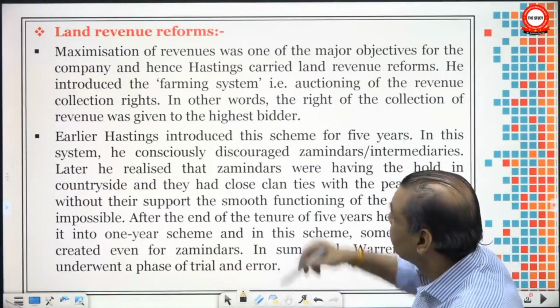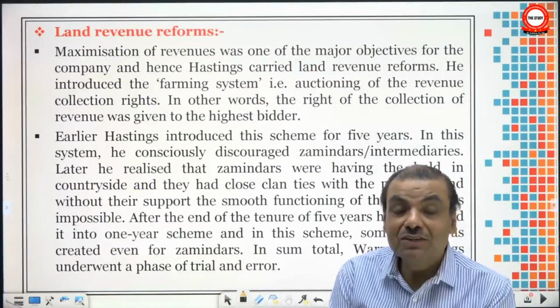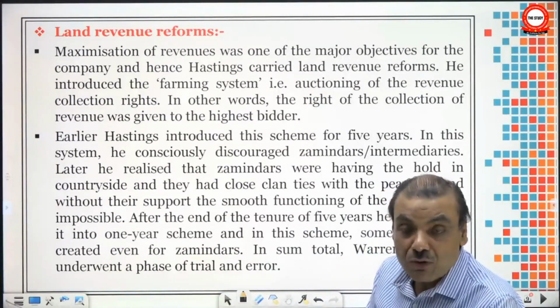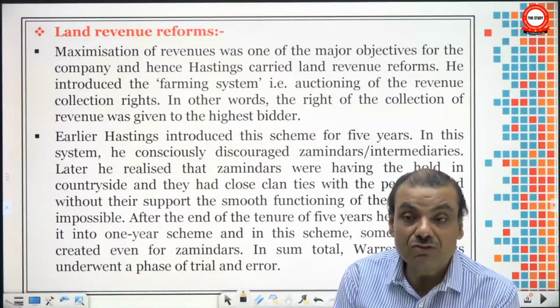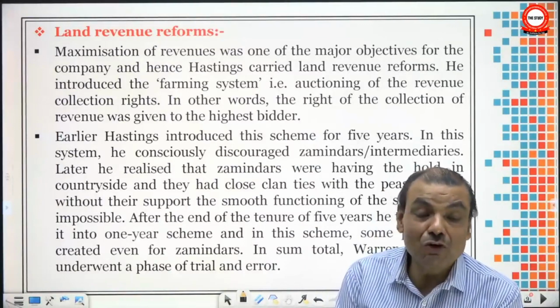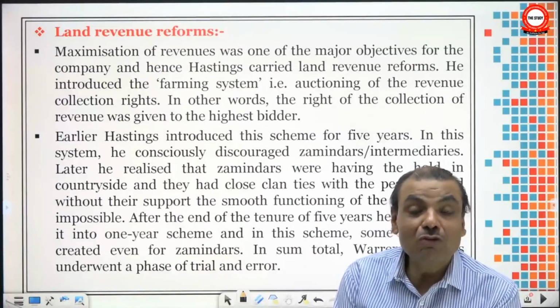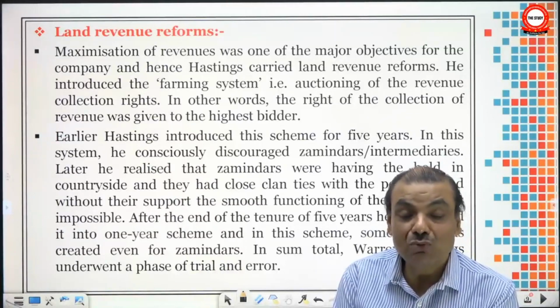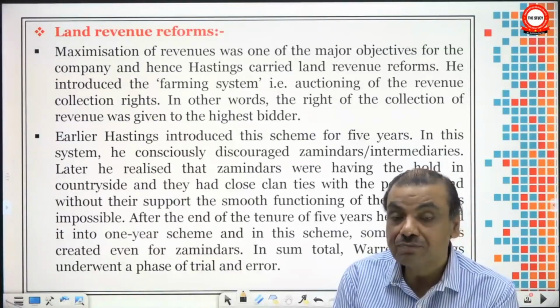Land revenue reforms. This was the utmost concern of the British company, to maximize the collection of revenue, and it was this objective which led Robert Clive to adopt the ruinous system known as the diarchy in Bengal.